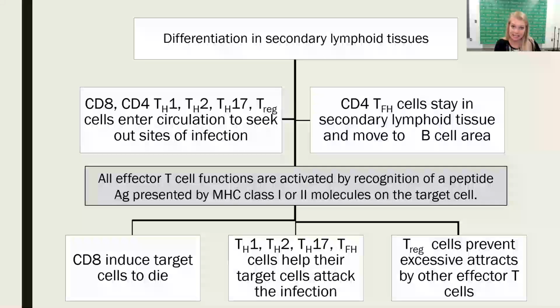Upon that, CD8 positive T cells, along with Th1, Th2, Th17, and Treg cells, are going to leave the secondary lymphoid tissue and go out and do their effector functions. CD4 T follicular helper cells are going to be maintained in the secondary lymphoid tissue, but they're going to move to the B cell area and interact with B cells and get them to secrete antibodies. That's their effector function.